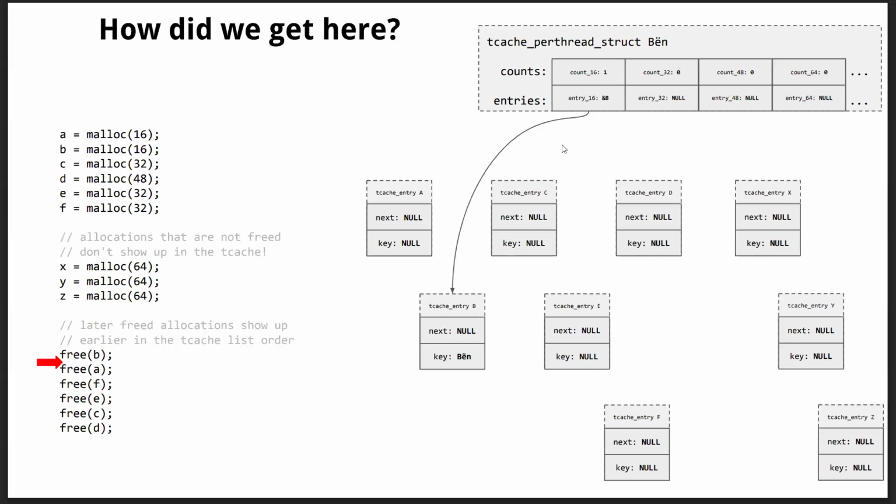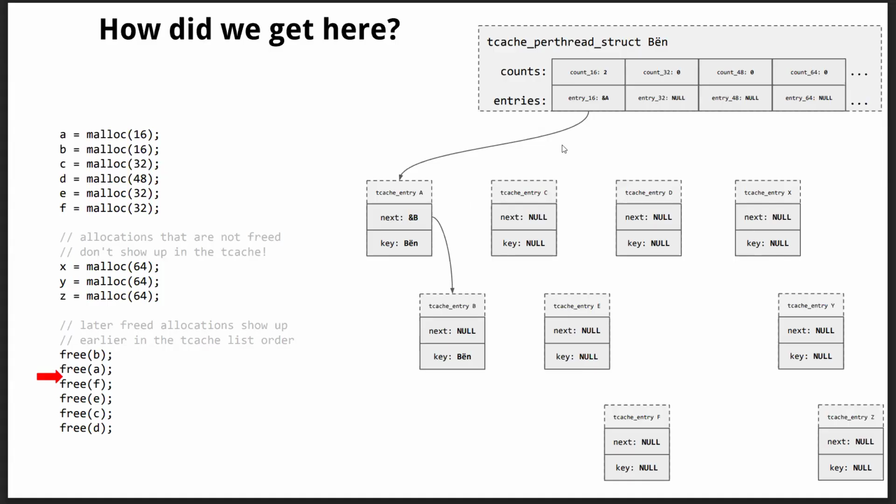If we free A, A has the same size, so A will be inserted at the beginning of the 16-byte list. We'll always insert them at the beginning of the list. We do not insert them at the end, because that takes O(n) time.